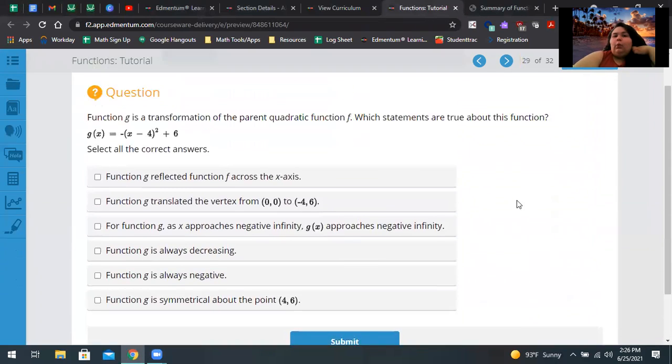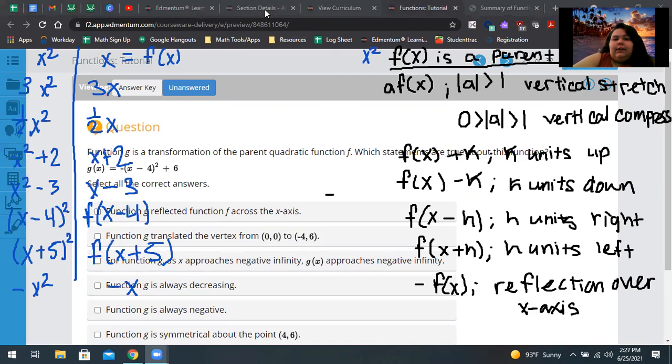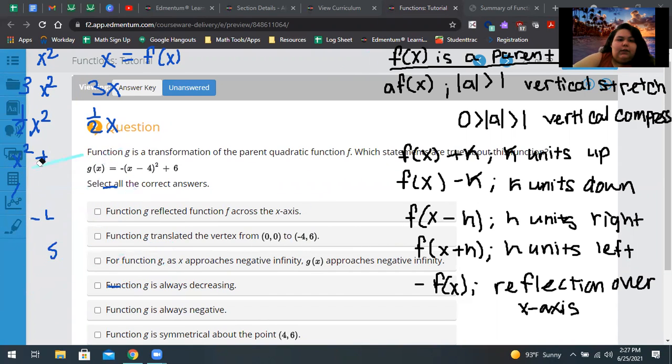So we're going to determine, it says function g is a transformation of the parent quadratic function f. Which statements are true about this function? So what happens if I write it out in this type of notation in black? So what I'm going to do is clean this up as much as I can. And we're going to rewrite this, or take a look at it.